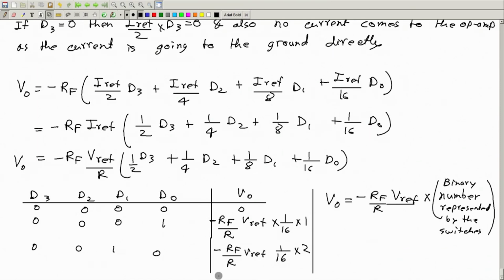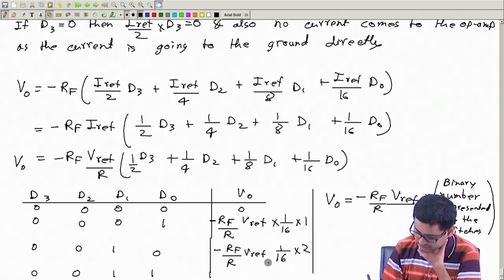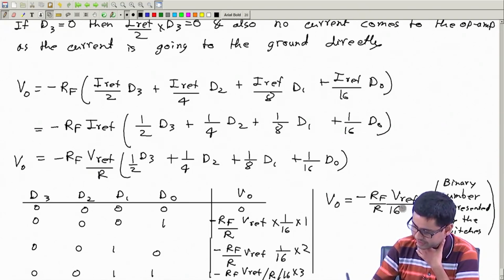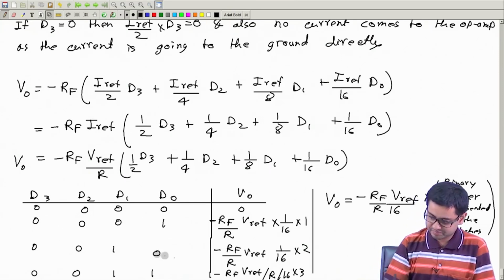I can write them all this way. So for this, if you compute from this, the output will be RF VREF by R by 16 into 3. So I take the 16 here, and a binary number represented by the switches.